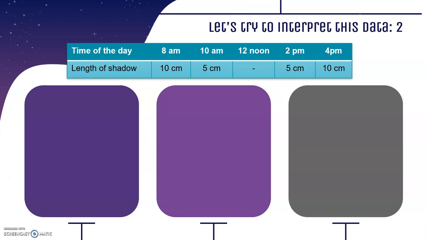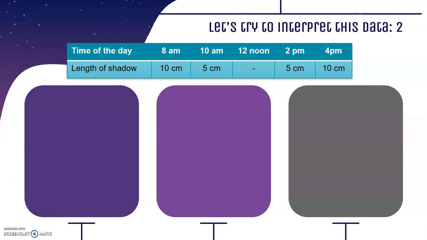Imagine you have a wooden stick that you put on the field for the day, and you measure the length of the shadow formed at 5 different times of the day. At 8 a.m. you measure that the stick's shadow is 10 centimeters, and at 10 a.m. it gets shorter by 5 centimeters, and at noon there's no shadow at all, and so on.